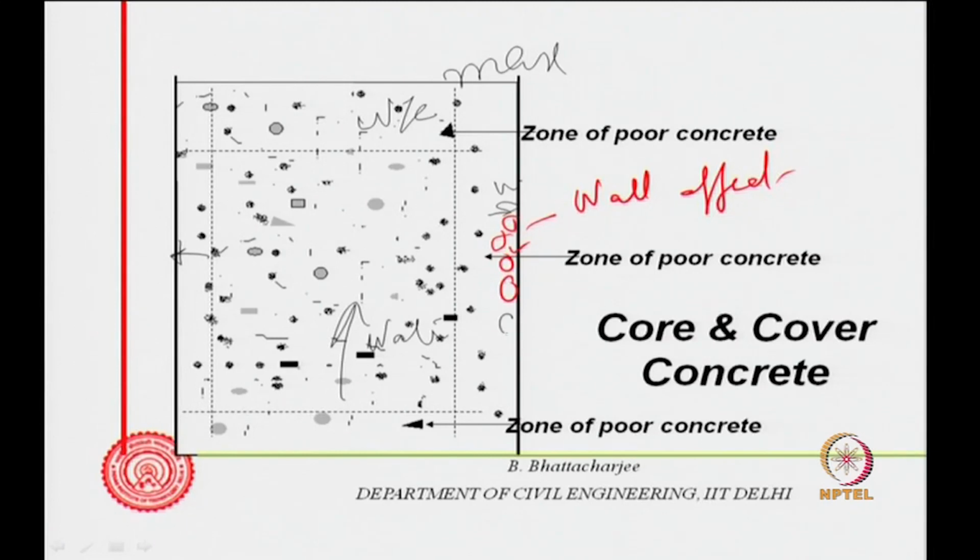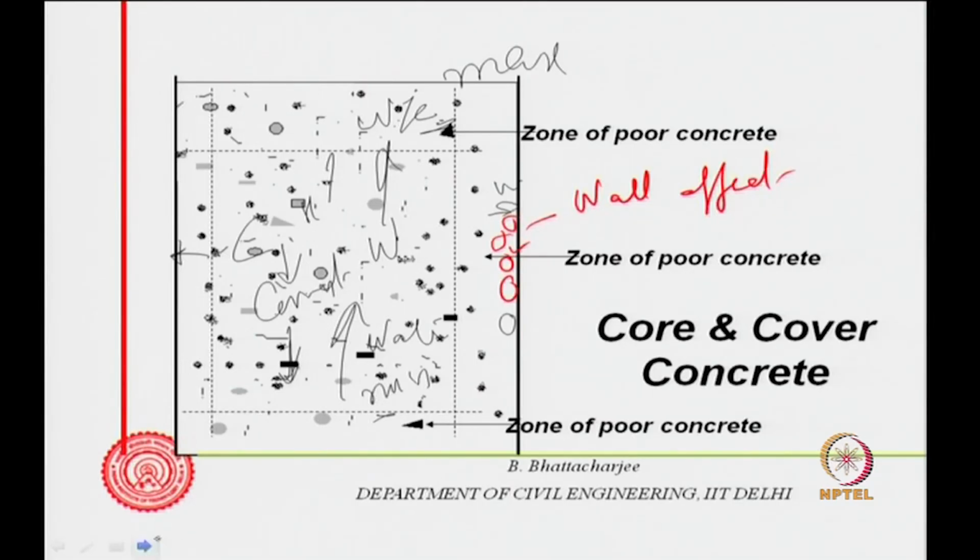So, therefore, this is the zone of poor concrete, with water cement ratio maximum here, minimum here. Cement has a tendency to come down, water has a tendency to go up. So, C comes down, H goes up, maximum water cement ratio, minimum water cement ratio.